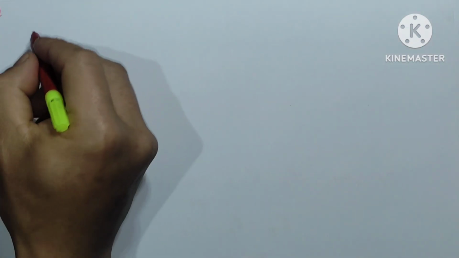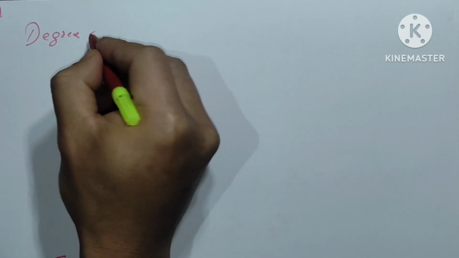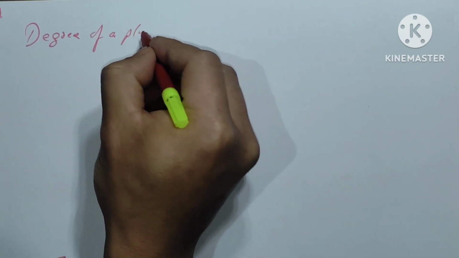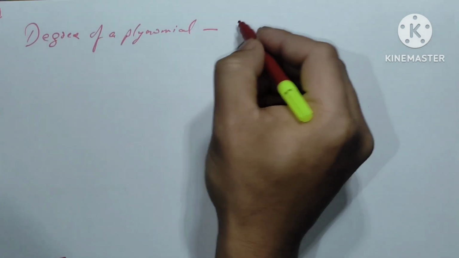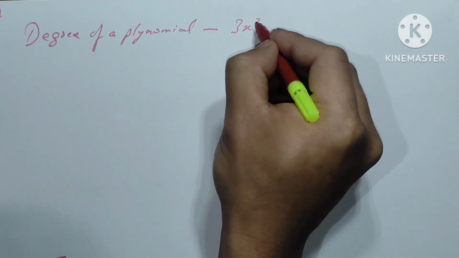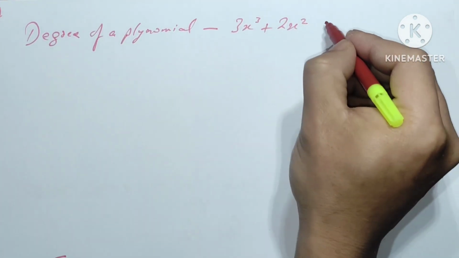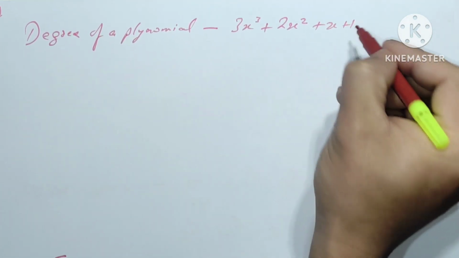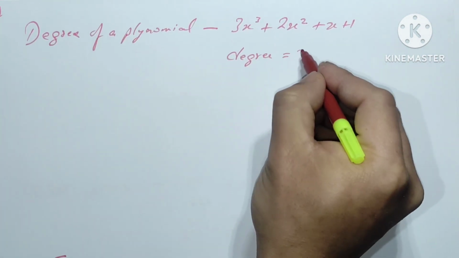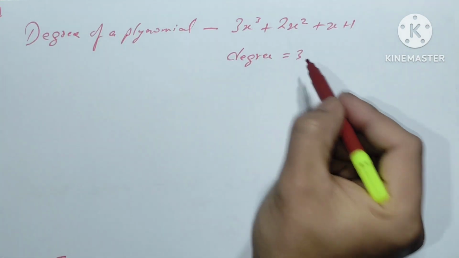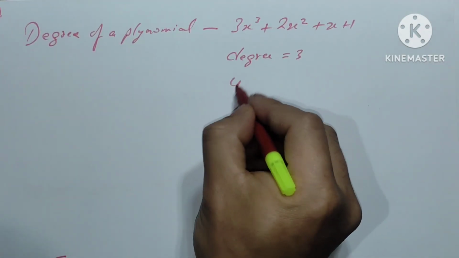Several terms that contain different powers of the same or different variables. So, the degree of a polynomial is the highest power of the variable. Here, 3x cube plus 2x square plus x plus 1. Degree here is 3 because in variable x, 3 is the highest power in the term 3x cube.